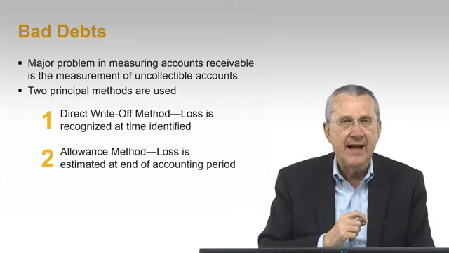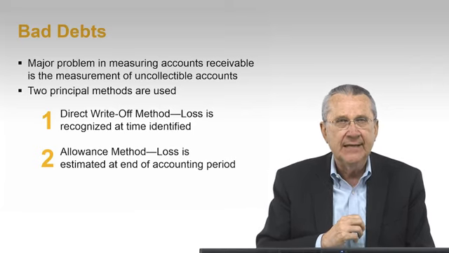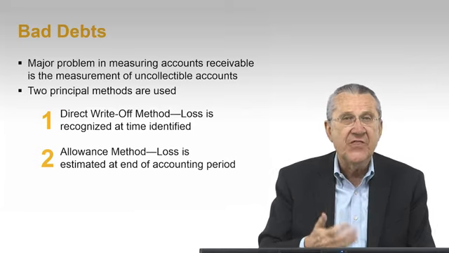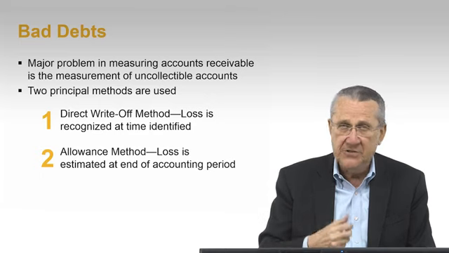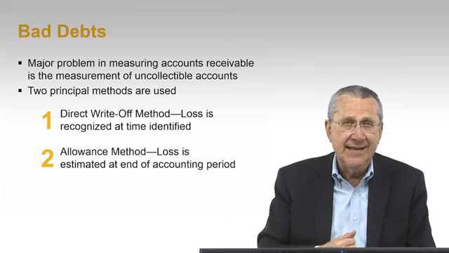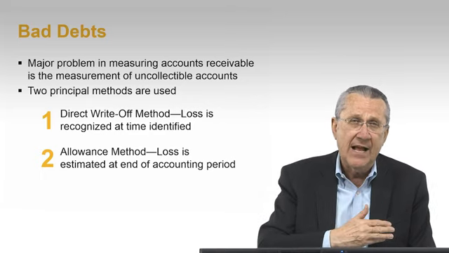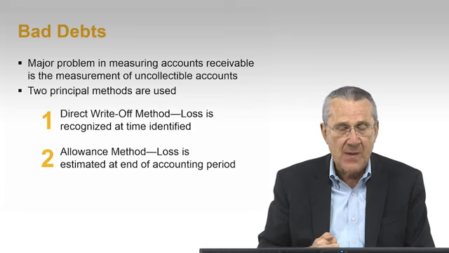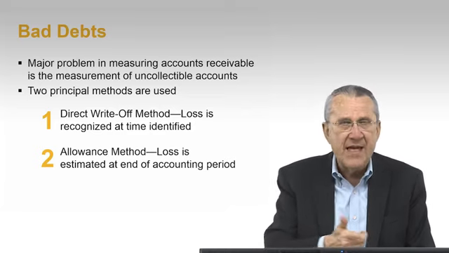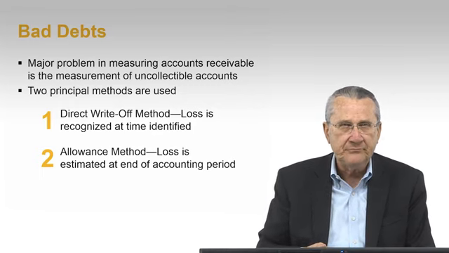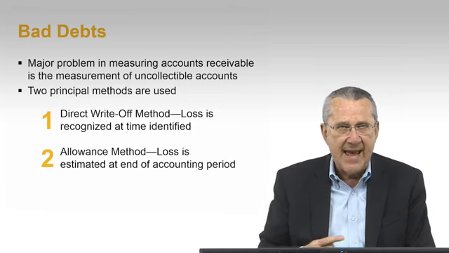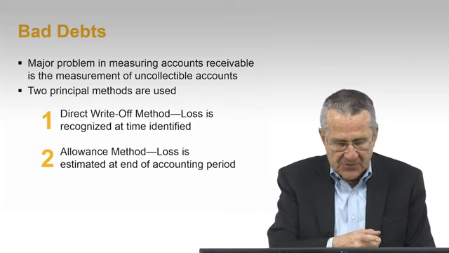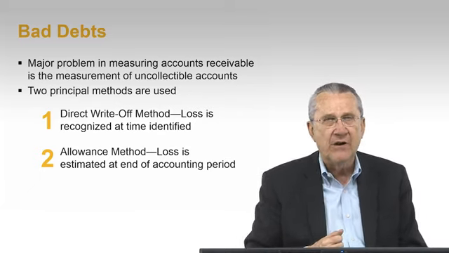Now, when you think about it that way, it gets to be easy to think about this simply in terms of an expense and the general accounting principles that apply as we think about recording expenses. There are two methods that we can use to calculate bad debts expense. The first of these is called the direct write-off method.